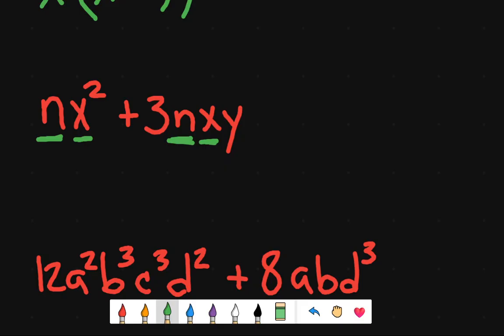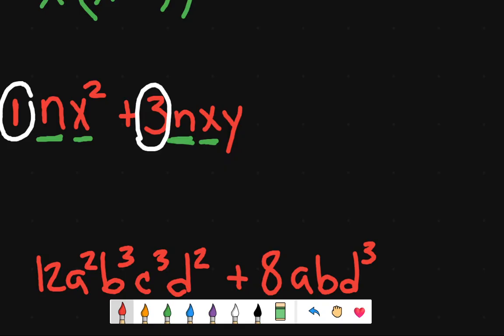And if you notice, the coefficient for the second monomial is what, 3? But what is the coefficient for the first one? Anybody want to take a guess? Anybody? Going once, going twice. The coefficient for the first one is 1. That is the number in front of the variables.